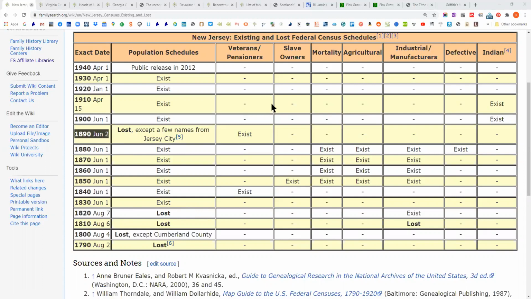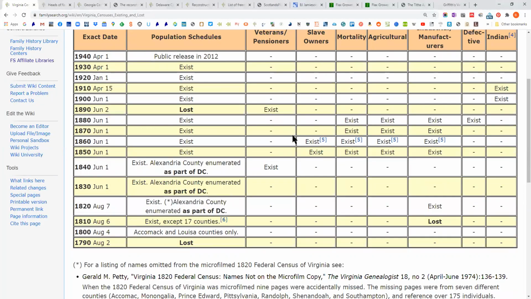Here's another state, Virginia. The entire 1790 census is lost. In 1800, only 2 counties are still in existence. In 1810, 17 counties are missing.